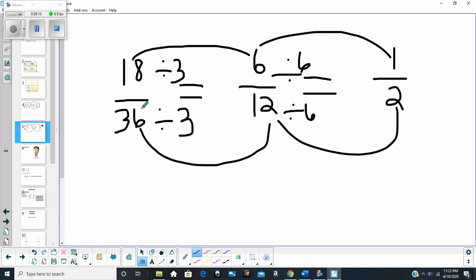So 18/36 is equal to 6/12, and 6/12 is equal to 1/2. So if we keep dividing until we can't go any further, like we did here, then we have simplified our fraction. This is the smallest form of our fraction. Okay?